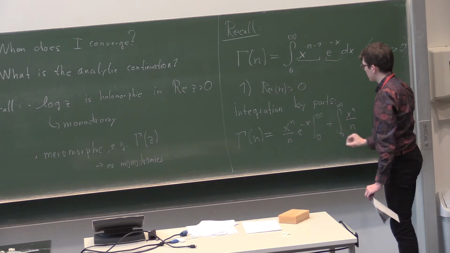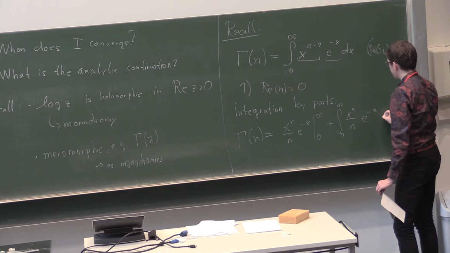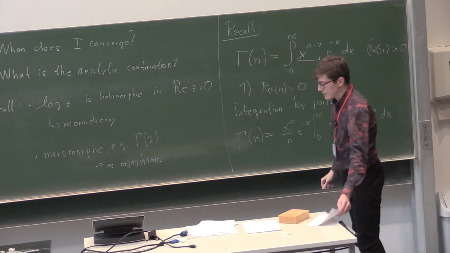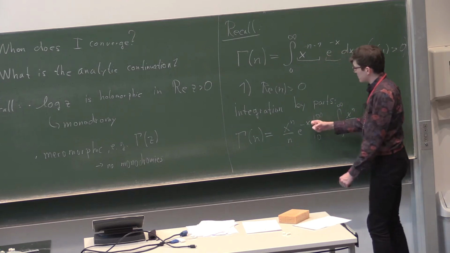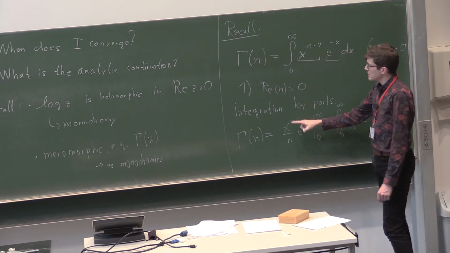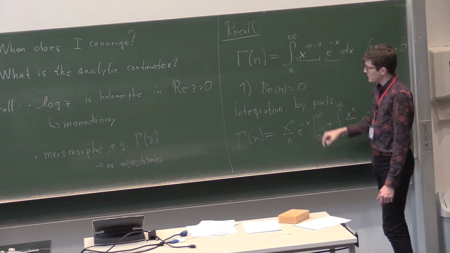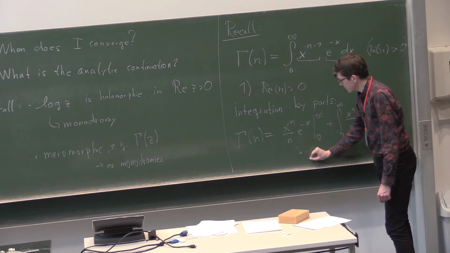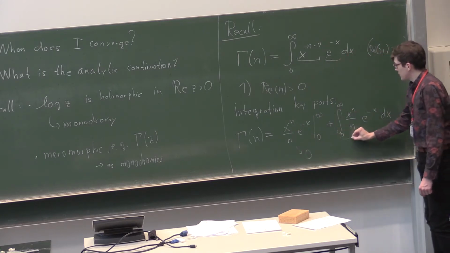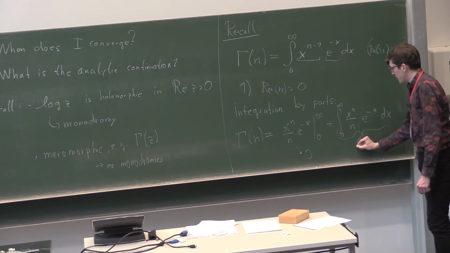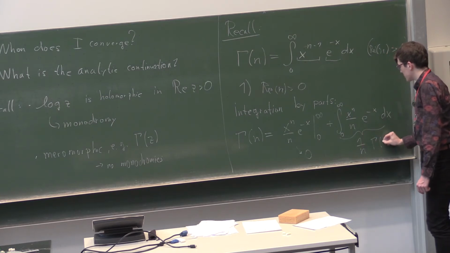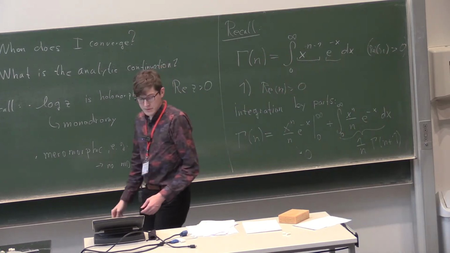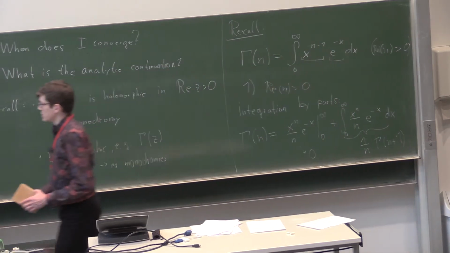Of course, then this just becomes a plus, and we have e to the minus x again. And here at the upper boundary, this is always 0. At the lower boundary, at least if you're in this region where real part of n is bigger than 0, then this x to the n also goes to 0. So this goes to 0. And this here is nothing but 1 over n times gamma of n plus 1. So this is the IBP relation, which gives you the functional equation for gamma.